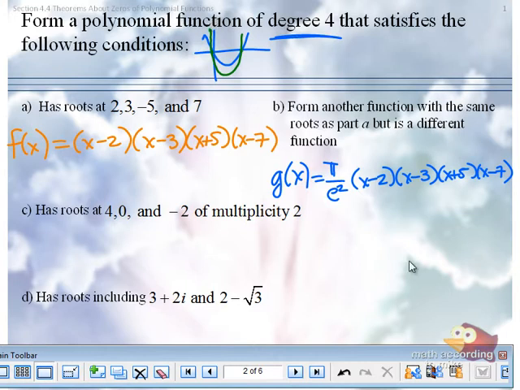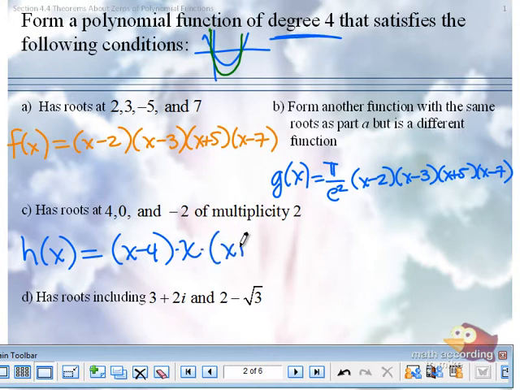Has roots at 4, 0, and -2 has a multiplicity of 2. So what is that going to look like? X minus 4. X minus 0, or you can just say X. Both are acceptable.